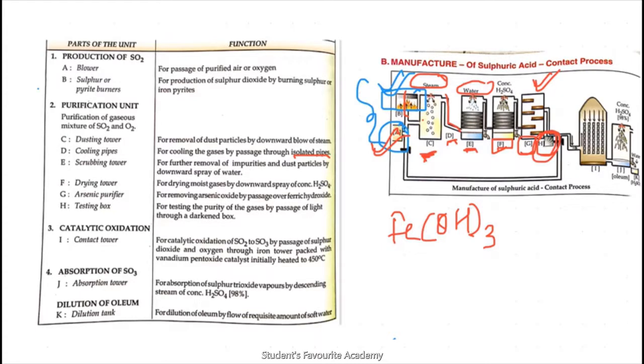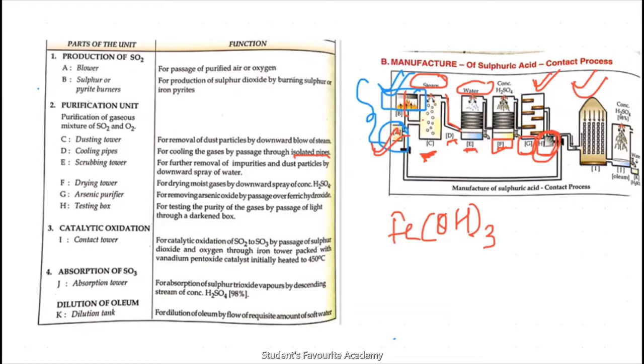Now what is happening, children? Once it is tested, it passes through this tower, that is called my contact tower, after which this entire process is named. So what happens here, children? Here the oxidation takes place, and how does the oxidation take place? With the help of a catalyst. Since a catalyst is being used, we call this process catalytic oxidation.